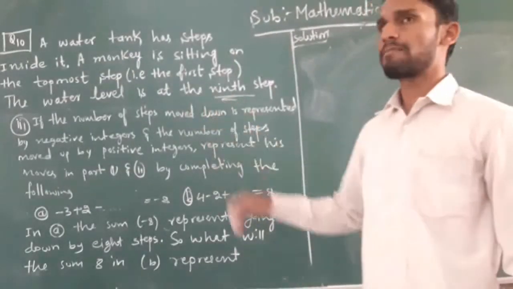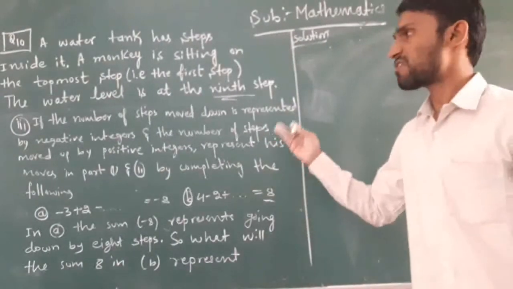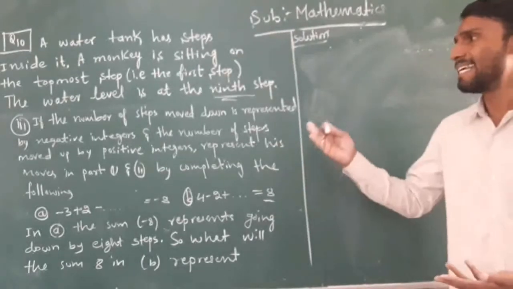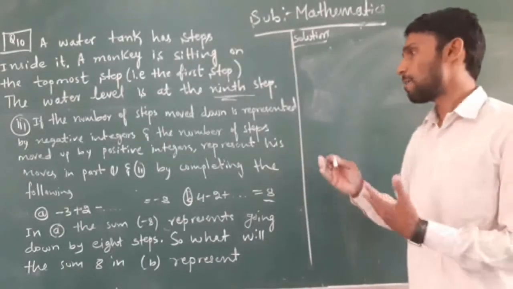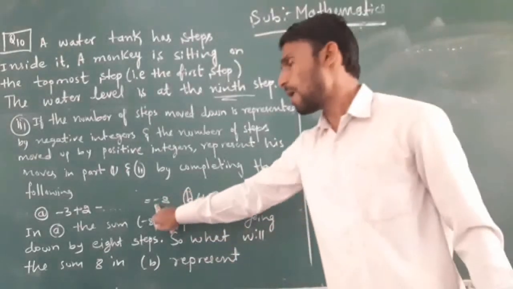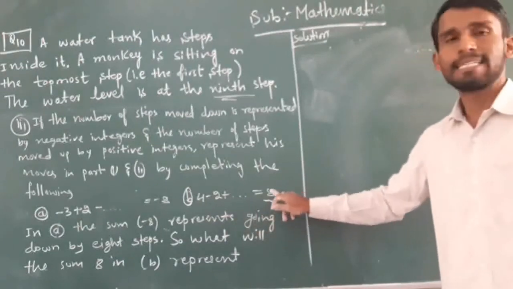If the number of steps moved down is represented by negative integers, and the number of steps moved up by positive integers, represent the moves in part 1 and part 2 by completing the following. See, A, that is the minus 8. B, 4 minus 2, that is the 8.